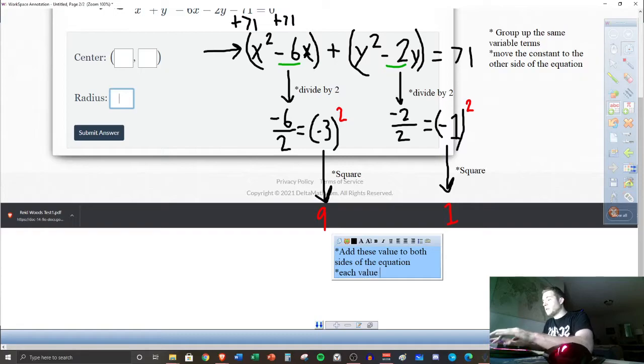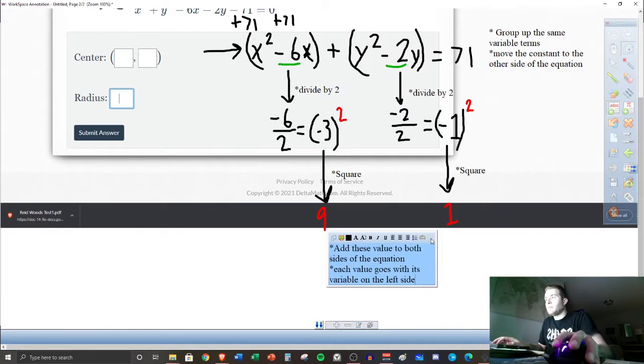Each value goes with its variable side. And so let's make sense of this.